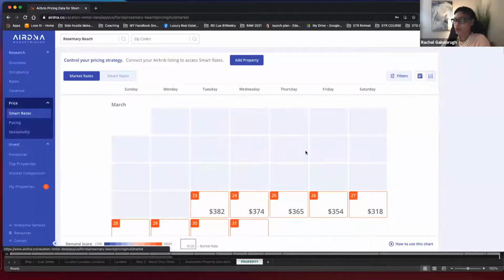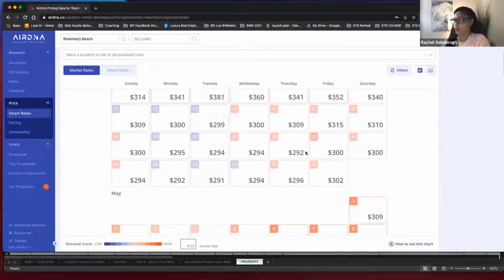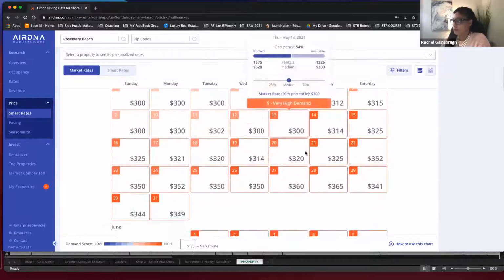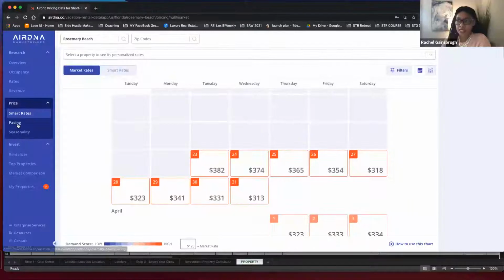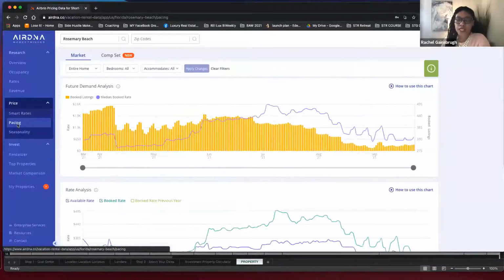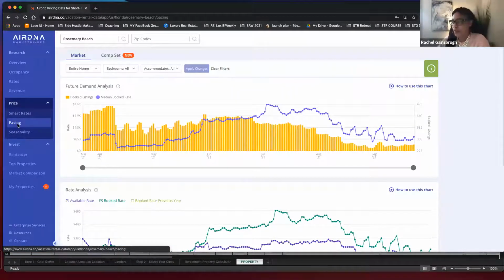Okay, smart rate, I don't really go with any rates that Airbnb provides me. And that's primarily because with Airbnb, it's almost like a little bit of a conflict of interest. Airbnb just wants people to book. Of course, that's their goal.